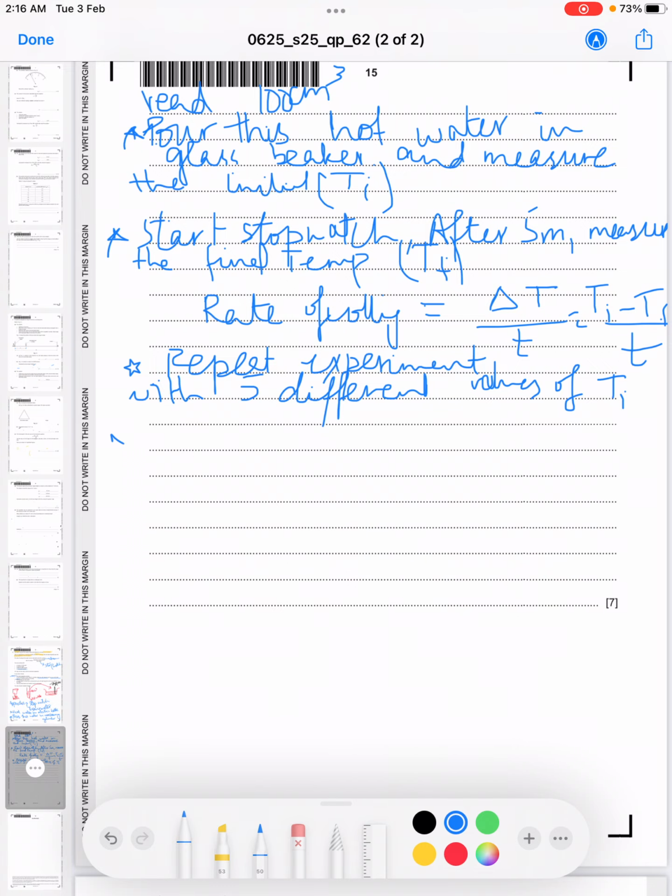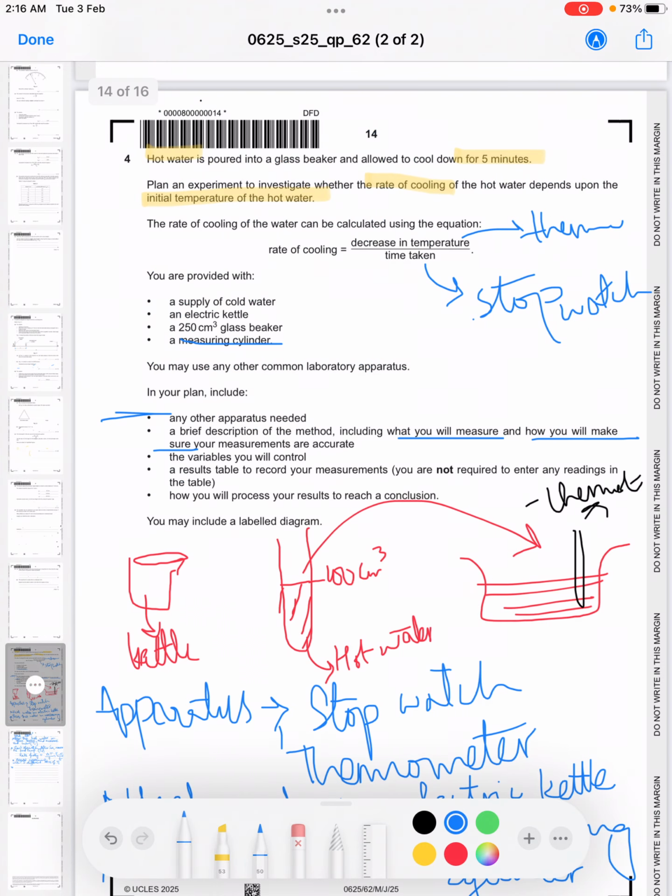Okay, now the other thing is the variables you will control. So which variables will we control? We will take a specific amount of water, the 100 centimeter cube of water, and the time constraint, right?